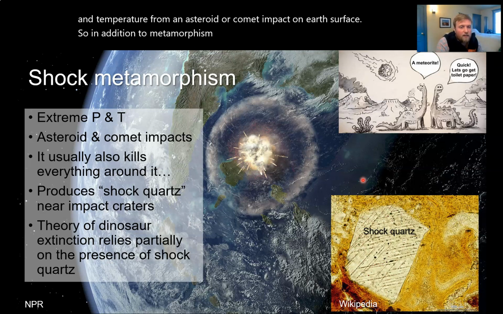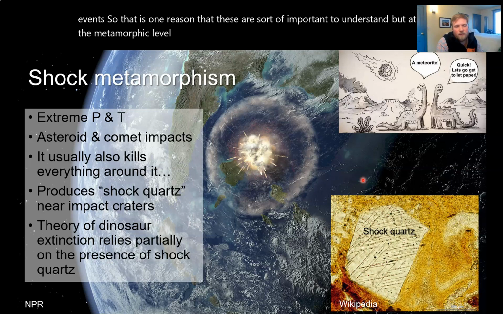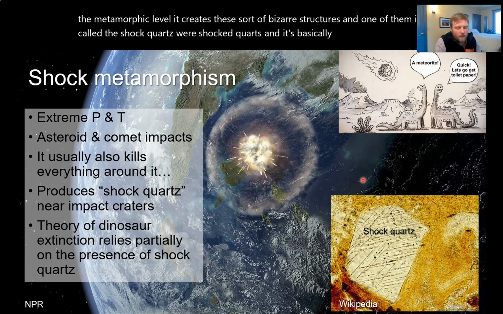So that is one reason that they're important to understand. But at the metamorphic level, it creates these bizarre structures, and one of them is called shocked quartz. It's basically quartz crystals that have been exposed to extremely high pressure and temperature, and it leaves behind this weird fracture pattern in the quartz.